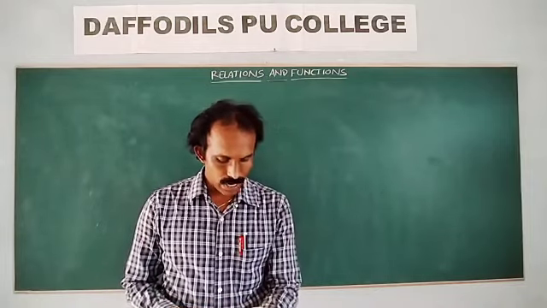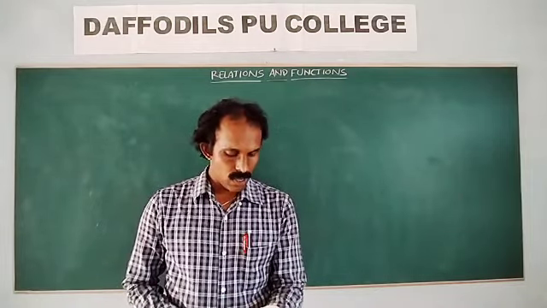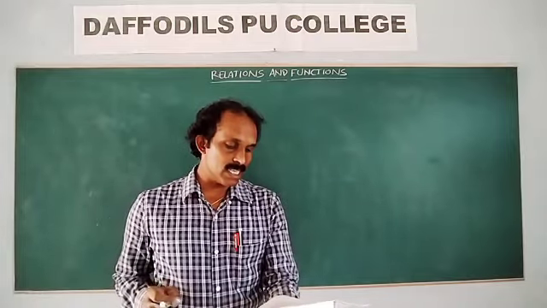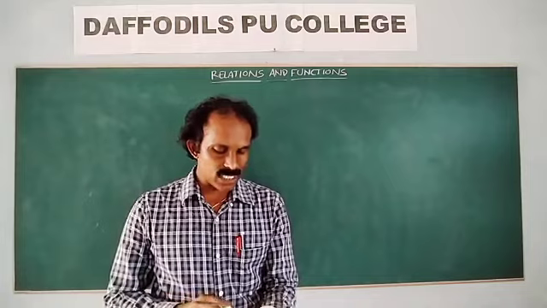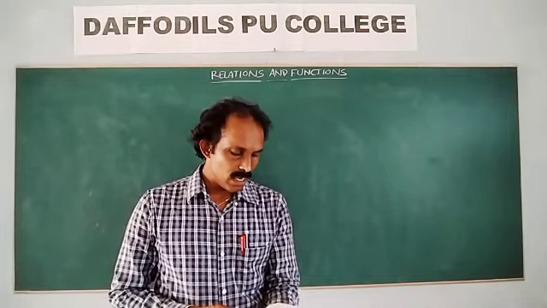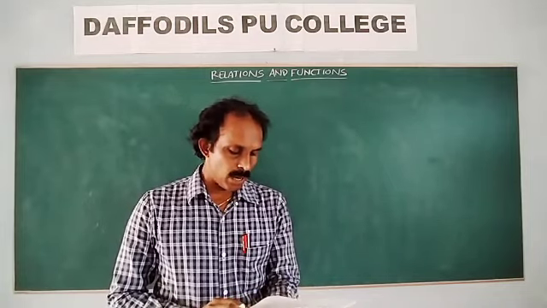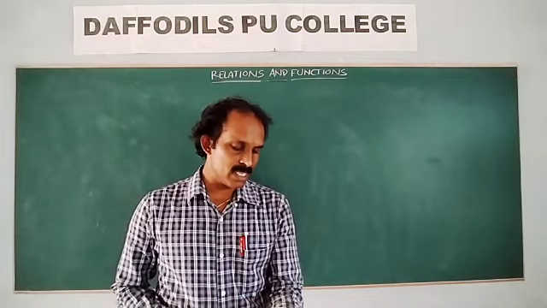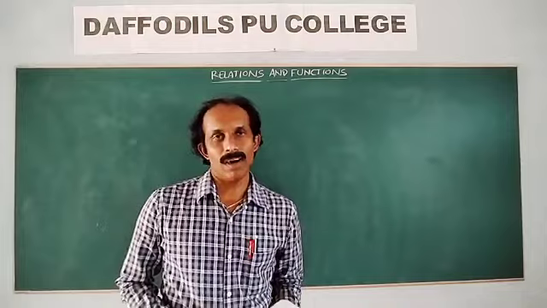Next, 11th question. Show that the relation R in the set A of points in a plane, given by (P, Q) such that the distance of the point P from the origin is the same as the distance of the point Q from the origin.